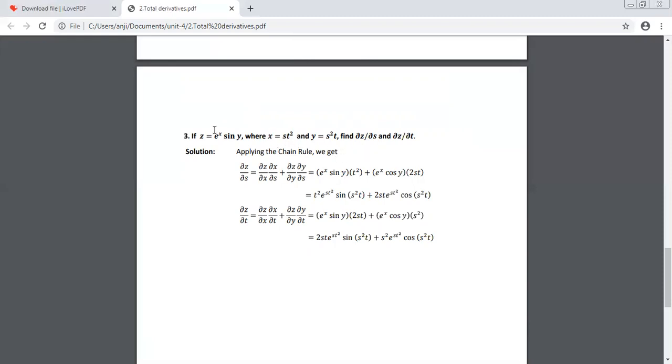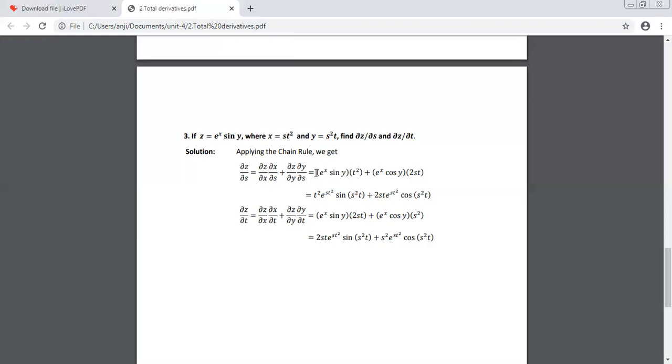So the final output is z in terms of s and t, therefore ∂z/∂s and ∂z/∂t exist. Applying the chain rule, we get ∂z/∂s equals ∂z/∂x into ∂x/∂s plus ∂z/∂y into ∂y/∂s.